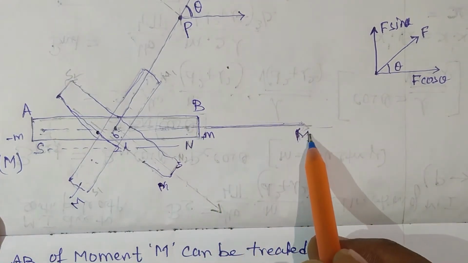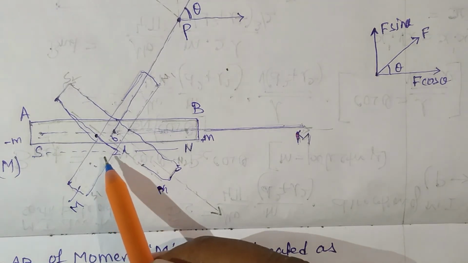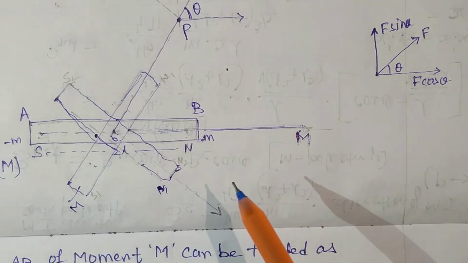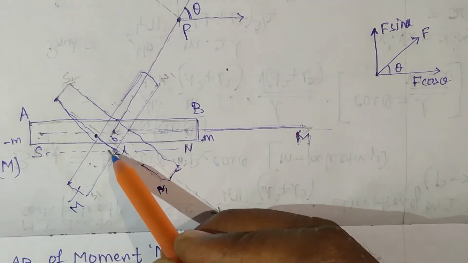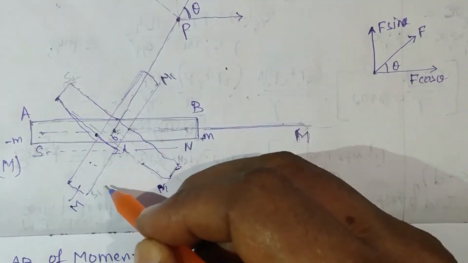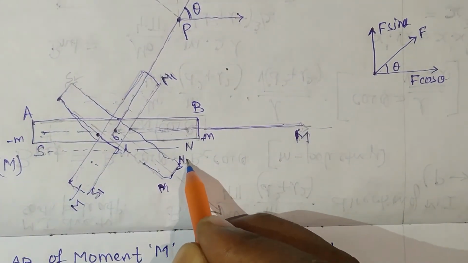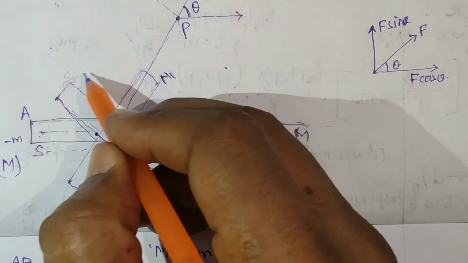So suppose I imagine that the magnet can be treated as a combination of two magnets: one magnet with poles N1 S1, another magnet with poles N2 S2.